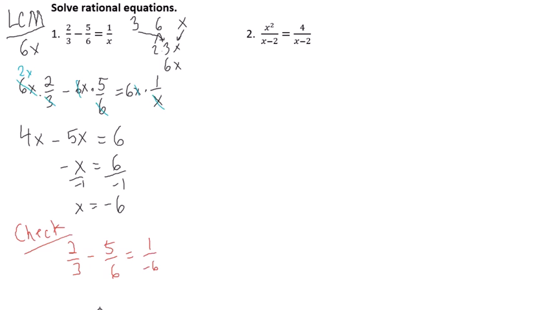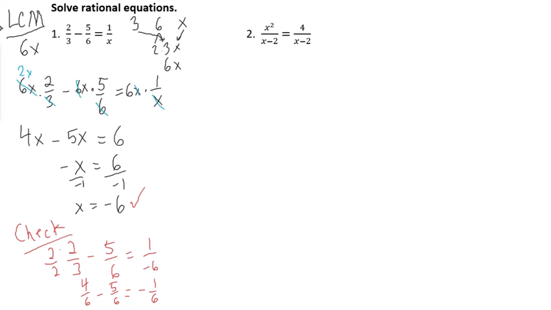We multiply by 2, and we get 4 over 6 minus 5 over 6. And 4 minus 5 is -1, so we end up with -1 over 6. So this is checked. Always a good habit to do that while you're working, especially with rational equations.